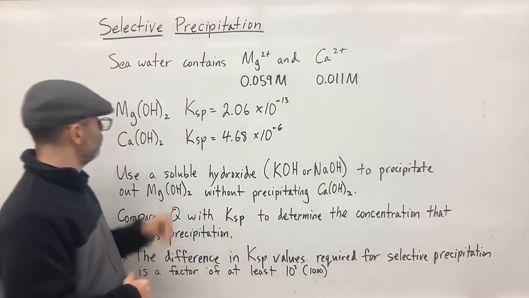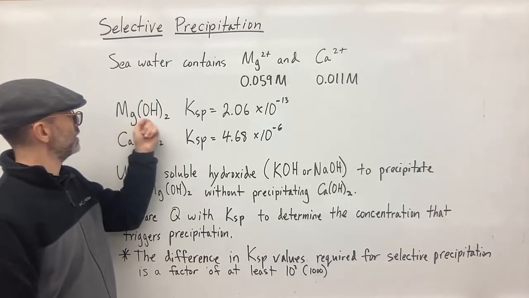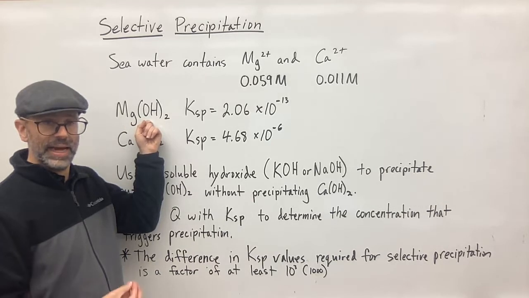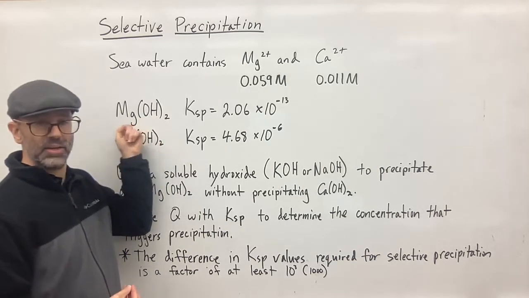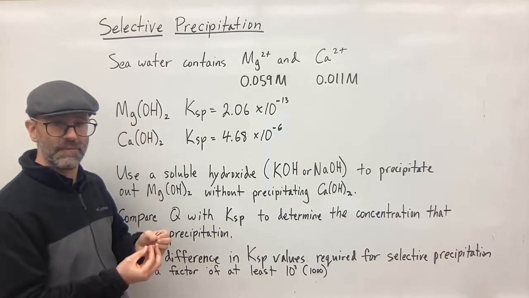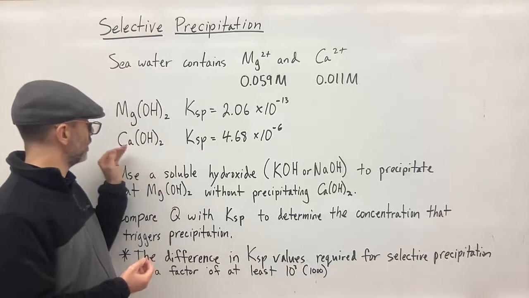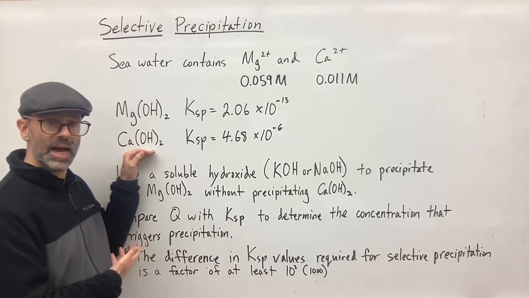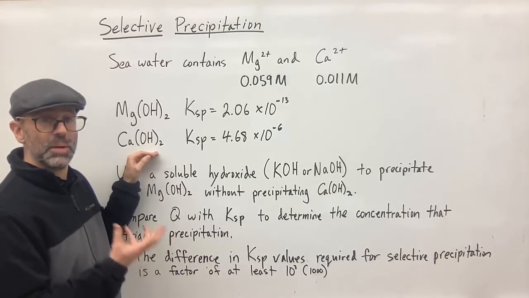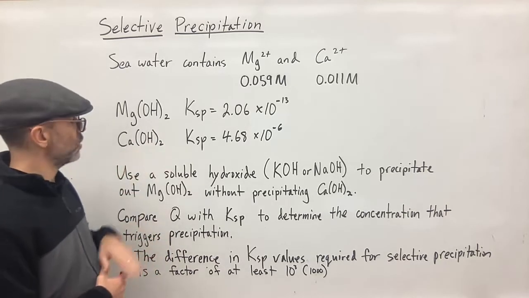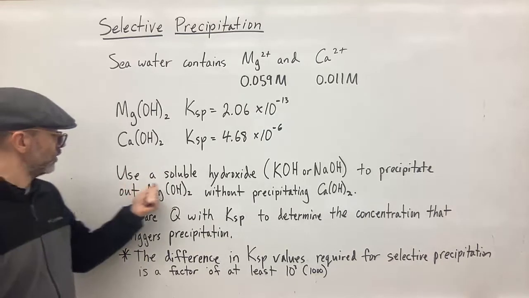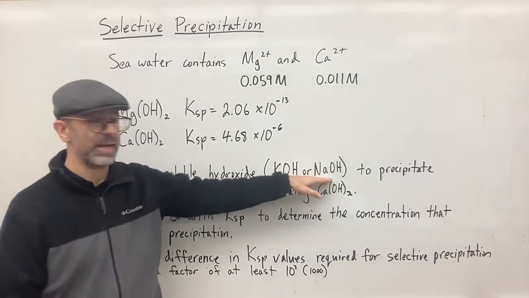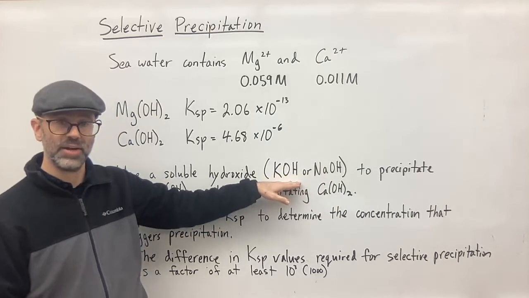Okay, so all I need to do is add a hydroxide ion at low concentrations, and that will cause the magnesium hydroxide to precipitate out first, leaving the calcium behind, because calcium hydroxide will not precipitate out until I raise the concentration a bit more, right? So what I can use then is a soluble hydroxide, KOH or NaOH. These are soluble hydroxides.